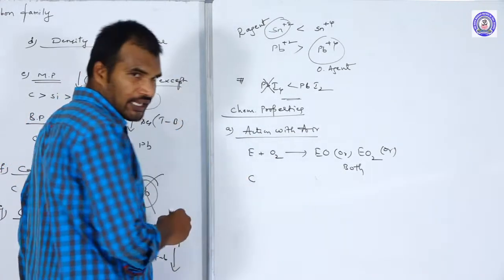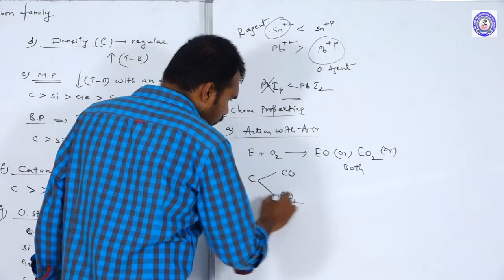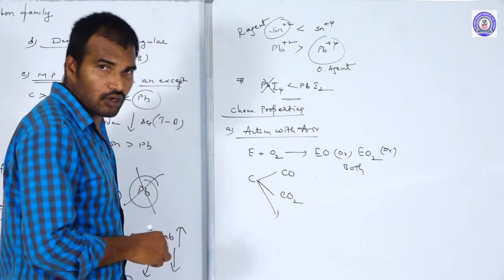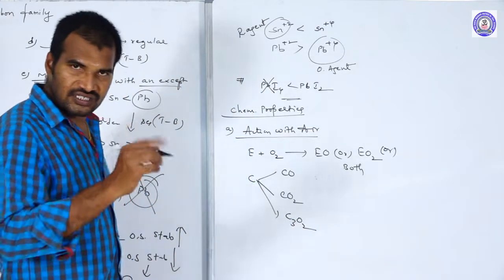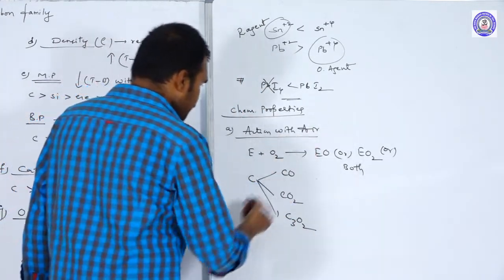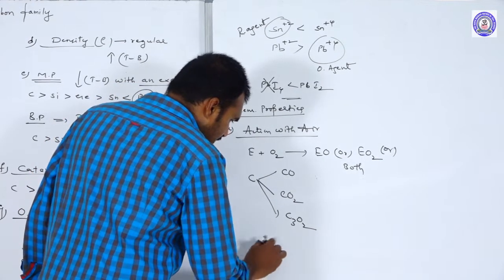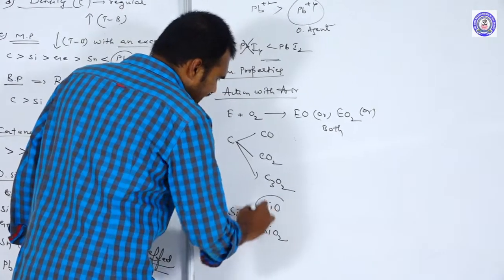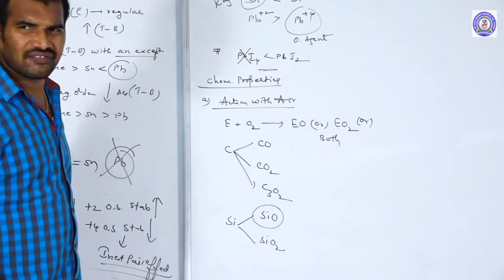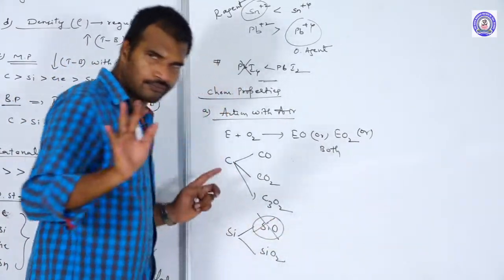Carbon: what are the oxides formed by carbon? CO2, and carbon exceptionally forms one more oxide also. What is that? The suboxide, C3O2. If you take silicon, SiO2, but SiO occurs in very rare cases at very high temperature, so we can remove this SiO, no problem.